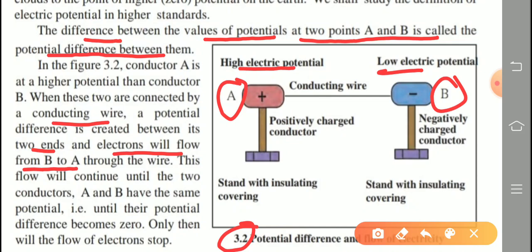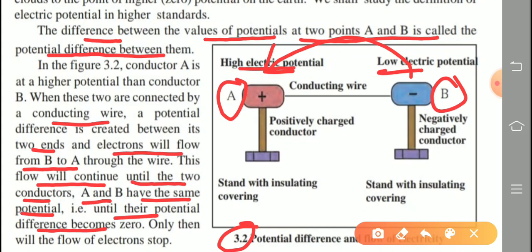Already explained why electrons are flowing from negative to positive through the wire. This flow will continue until the two conductors A and B have the same potential, the same electric level, that is, until their potential difference becomes 0. Only then will the flow of electrons stop.